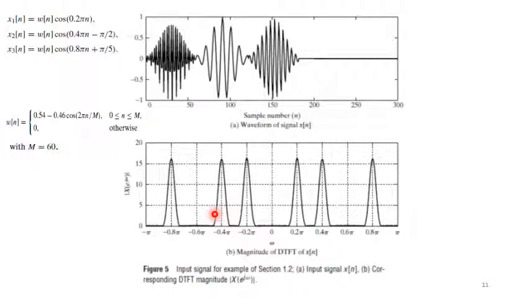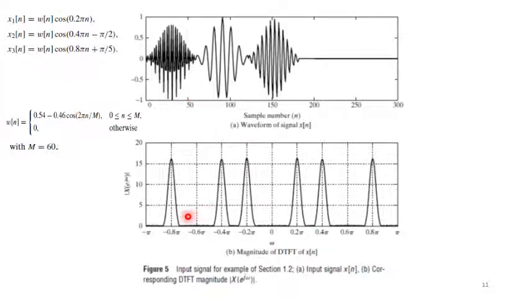The three input signals have frequencies, respectively, omega 1 equal to 0.2 pi, omega 2 equal to 0.4 pi, and omega 3 equal to 0.8 pi.